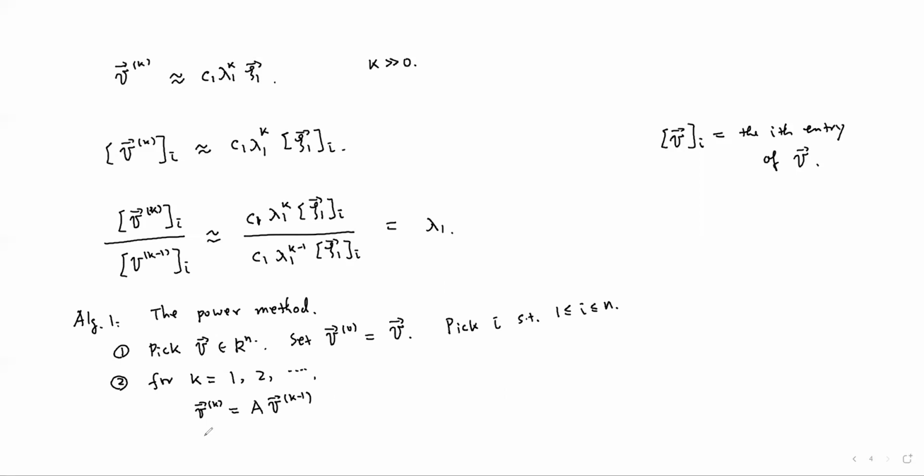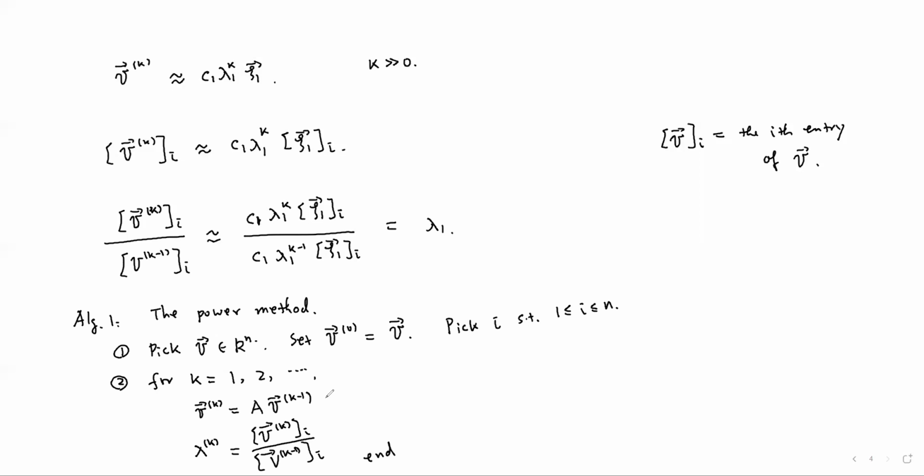Then compute the ith entry of Vk over the ith entry of Vk minus 1. Let me give a name to this ratio, say lambda k. So this is the power method, the most basic power method. This method looks for the dominant eigenvalue and dominant eigenvector.